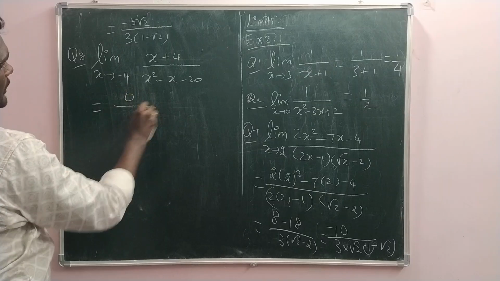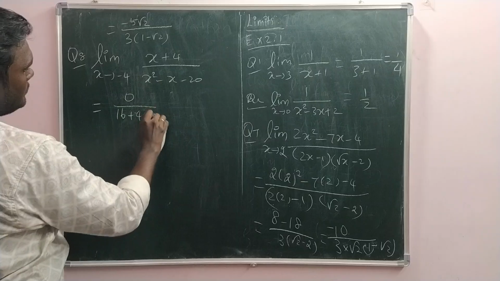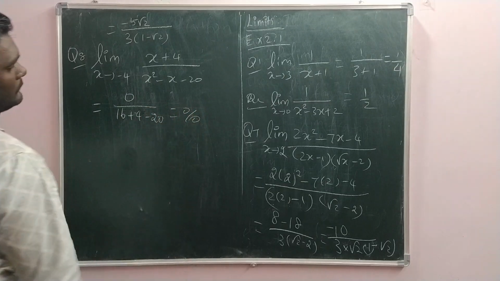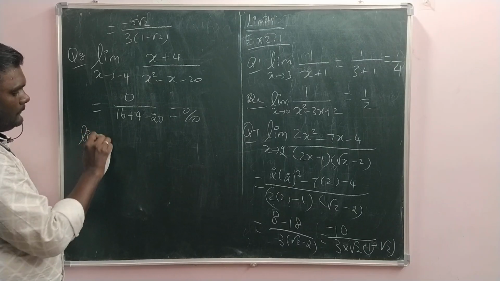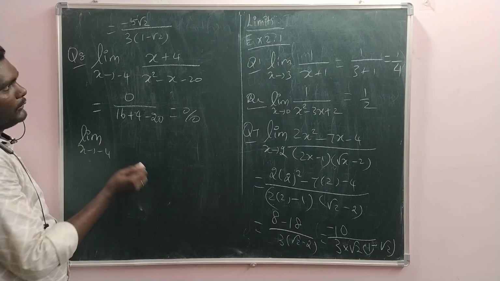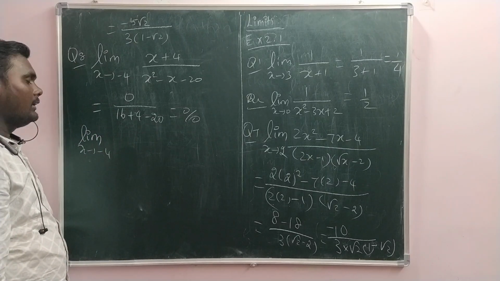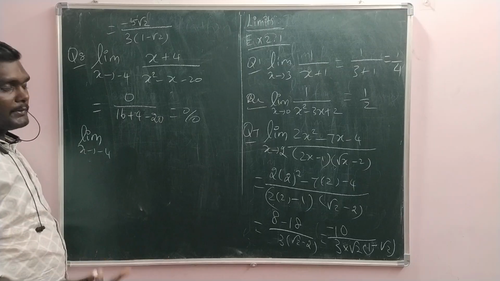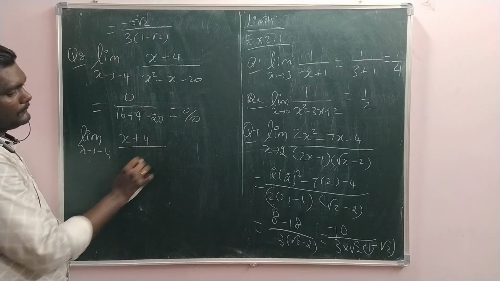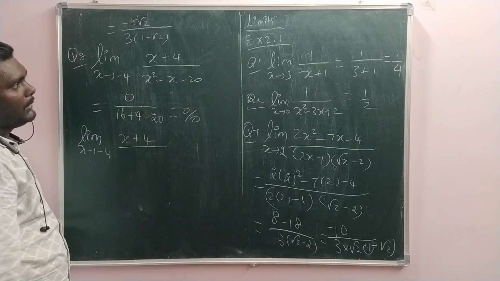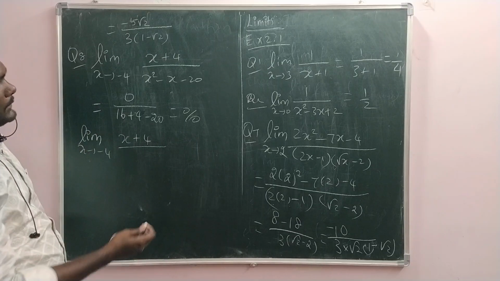So we'll get numerator 0, denominator 16 plus 4 minus 20, 0 by 0. So we should be factorizing it. X tends to minus 4. See, for this only we have seen those kinds of situations, definitions, explanations, all those things. So we should factorize it. Yes, we'll see one by one. After completing this exercise, we'll go back to that one and we'll find out.